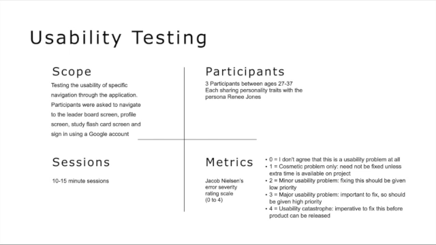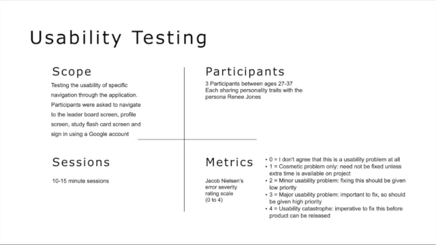Our scope is testing the usability of specific navigation through the application. Participants were asked to navigate to the leaderboard screen, profile screen, study flashcard screen, and sign in using a Google account.